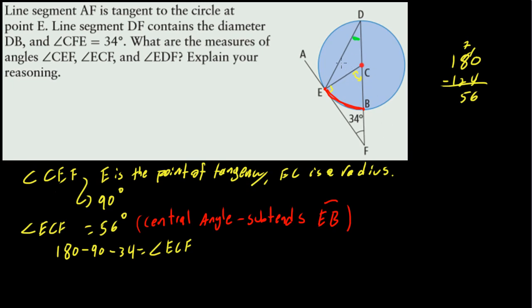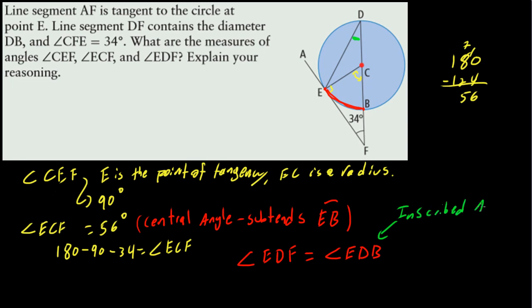But take a look at this. EDF actually contains the inscribed angle EDB. It's kind of interesting. Angle EDF is going to be the same as angle EDB, and this is going to be an inscribed angle. Let's spell inscribed right as well.